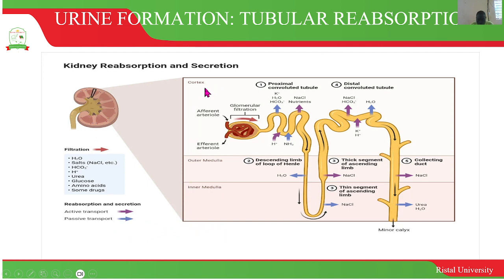So if this is the renal cortex, we have our glomerulus here. We have the afferent arteriole, the branch of the artery that comes from the renal artery. Blood is flowing through it under high pressure, and then it is filtered. So this part here is an artery. This one is also an artery.